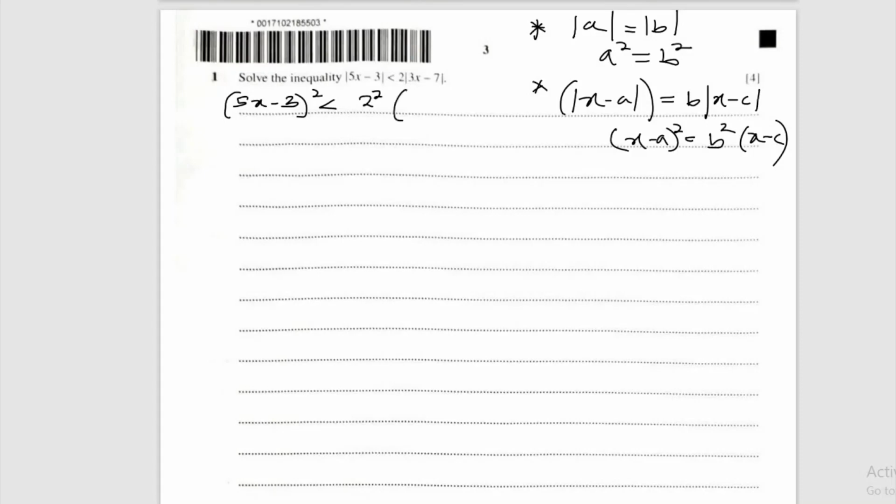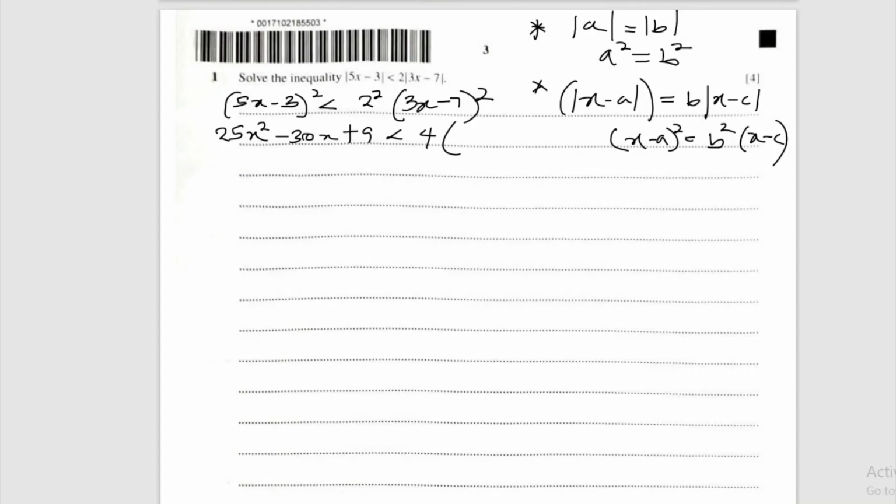Make sure you square every variable. Now, 5x minus 3 all squared, when you expand it, we're going to have 25x squared minus 30x plus 9 less than 2 squared, which is 4.